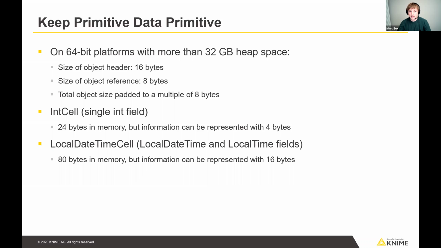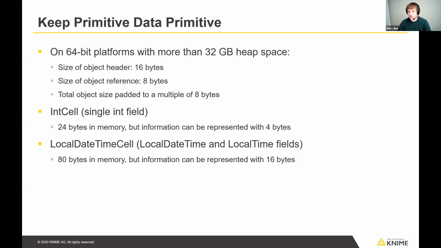If you sum this all up, then this LocalDateTimeCell has two references on two objects, has its own object header. Each of these LocalDateTime and LocalTime fields have their own object header and have their own information. And altogether, this takes up 80 bytes in memory on 64-bit platforms, again, with more than 32 gigabytes of heap space.